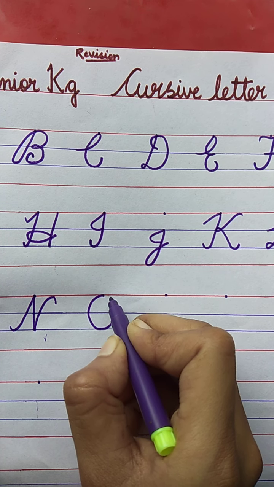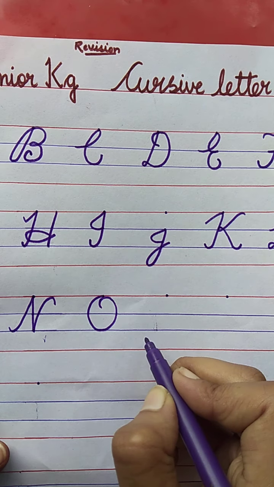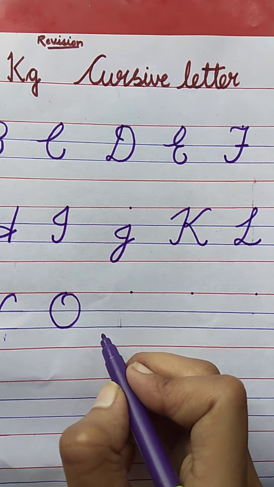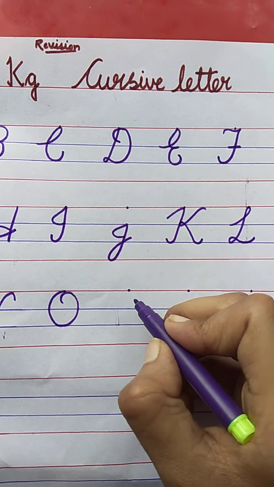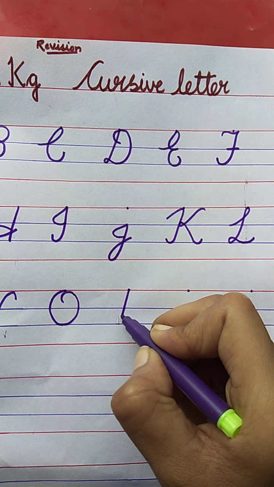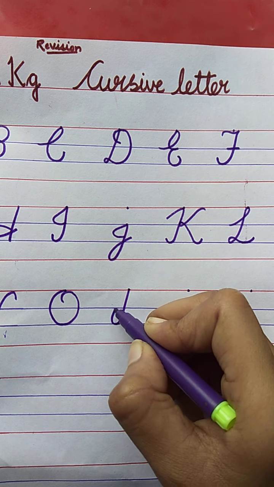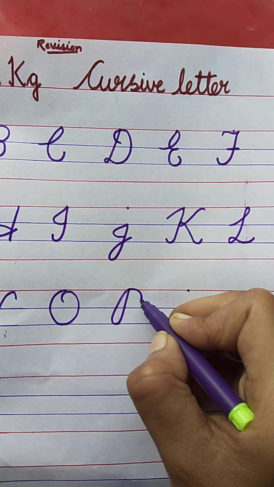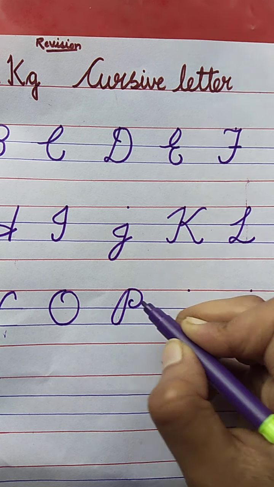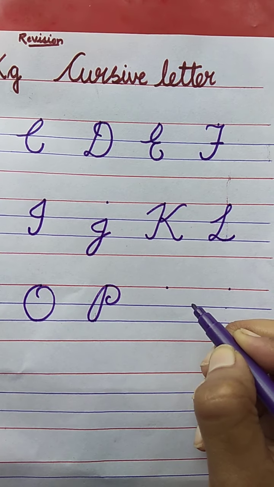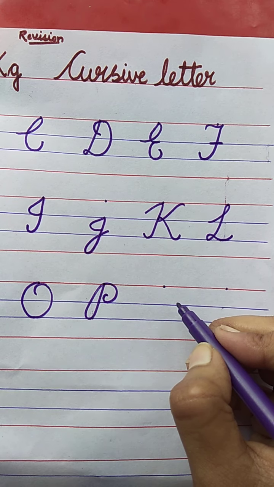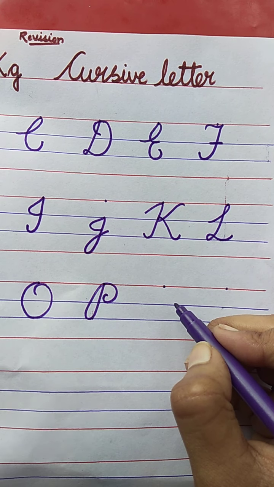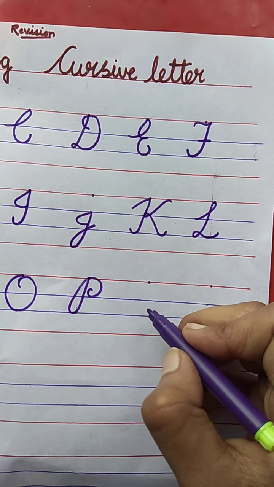Draw a circle and stop here. O for owl. Now the next letter P. P for peacock. Slanting line, one more slanting line, semicircle, and stop here. P for peacock. The spelling of peacock is Peacock.